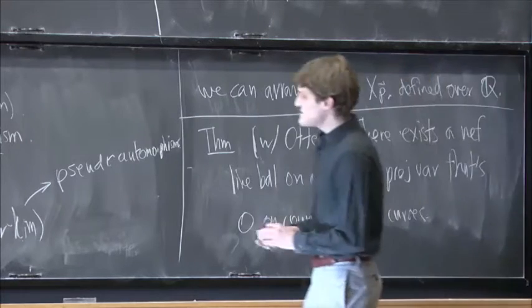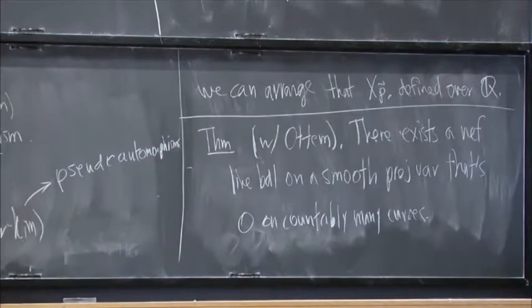And again, the claim here is that we can take X to be the same variety we've already been talking about, and we can take L to be the anti-canonical divisor.